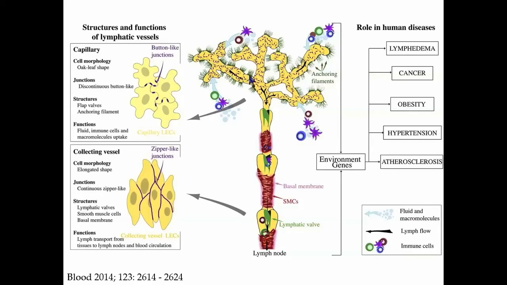And of course, this part of the anatomy is designed to maximize the convection of fluid and cells and macromolecules into this space. And this occurs in part because we have what are called the button-like junctions between the cells.